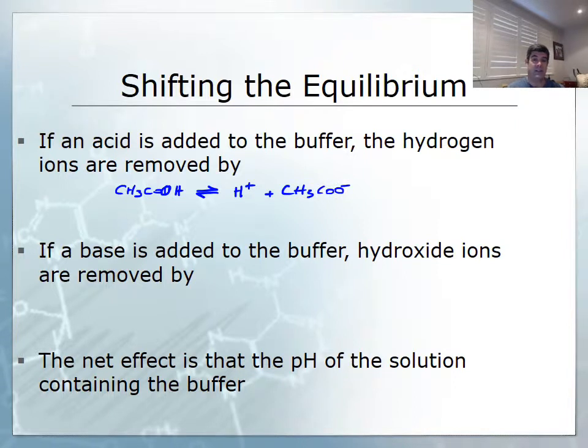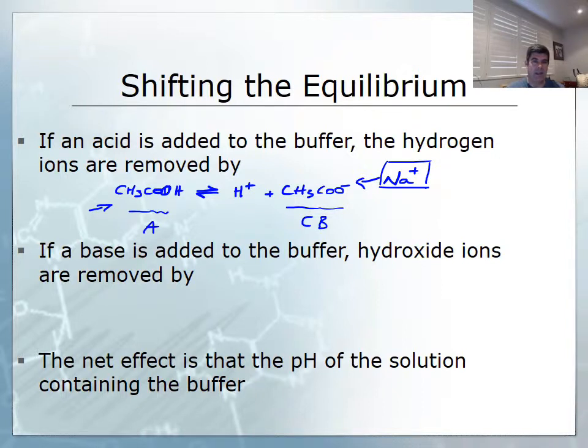If this is a buffer solution, then we need roughly equal concentrations of our acid and our conjugate base. We can add a source of acetic acid, but here we would probably add something like sodium acetate, because the sodium ions are going to remain in the solution and not affect the pH at all.